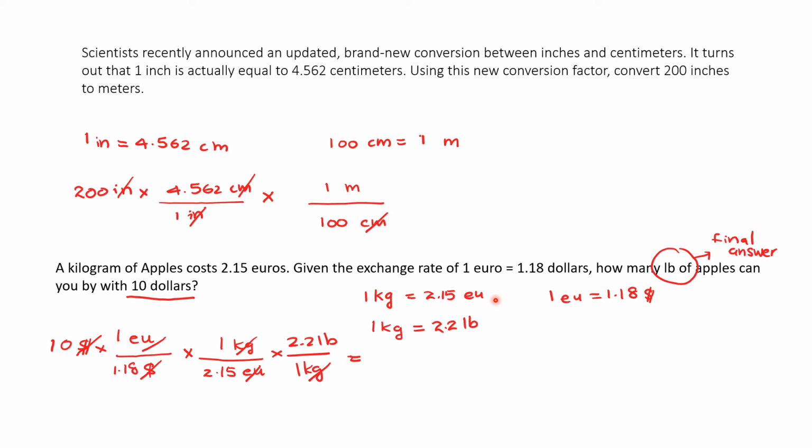So we are going to write a fraction that has euros in the denominator and kilograms in numerator. You can see euros and euros cancel out. Now we have just one step left where you have to convert kilograms to pounds. To that we are going to use this connection and we are going to write the fraction where you have kilograms in your denominator and pounds in numerator. You see kilograms to kilograms cancels out.